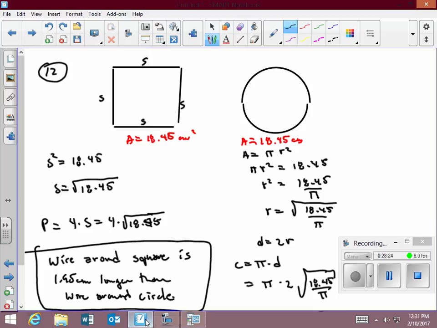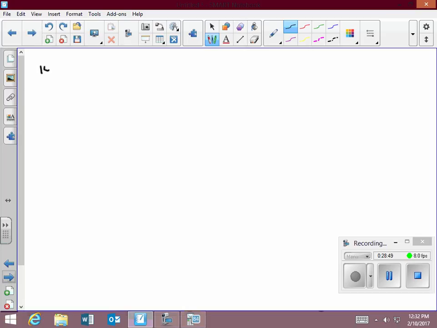Now, 14, it says, by counting squares and parts of squares, find the area of each figure. I guess I am not going to give you things like that because it tries my patience to do it. I can just tell you, the first one, 14a, is pretty easy to figure out. That one was 8 squares.